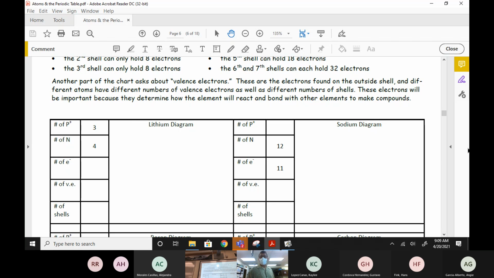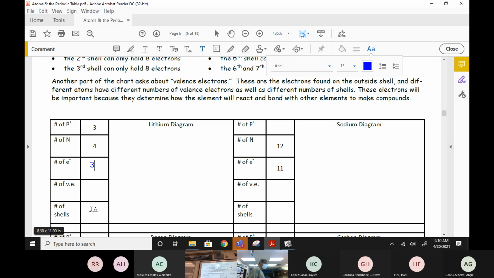Right. So if they've told me that, can I figure out my number of total electrons? Because the number of total electrons is the same as the number of protons. There we go.